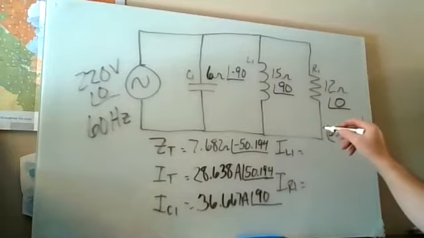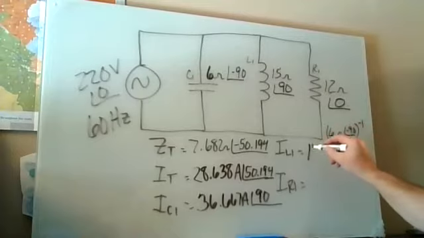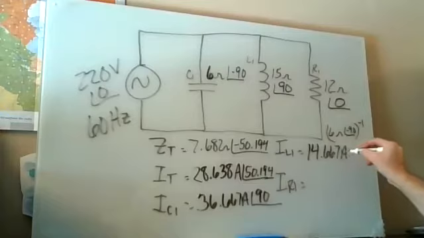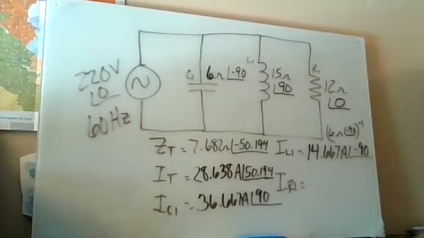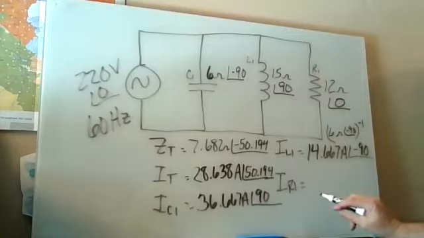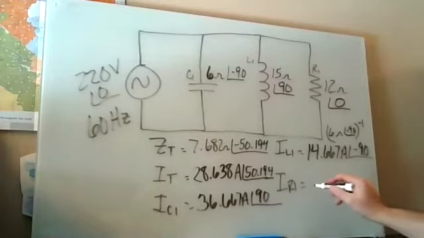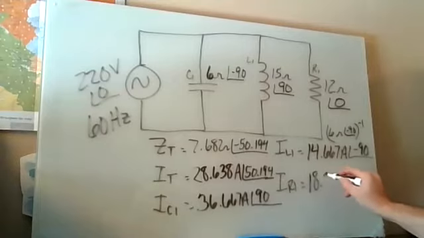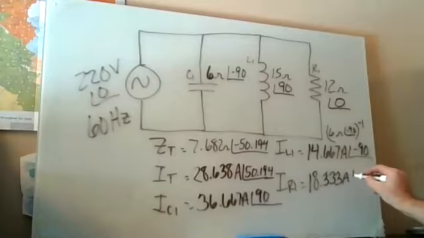Uh-oh. I got her lost. 14.667 amps at an angle of negative 90 degrees. And IC or IR1. 18.333 amps.